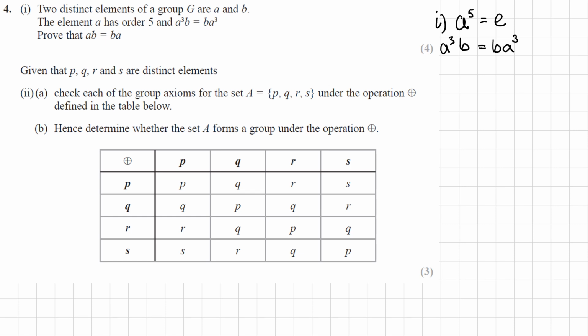Next, I'm going to multiply both sides by A cubed on the left. So we've got A cubed and then A cubed B is equal to A cubed BA cubed.